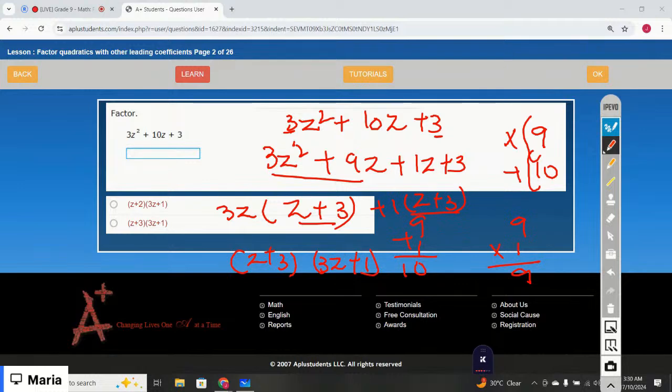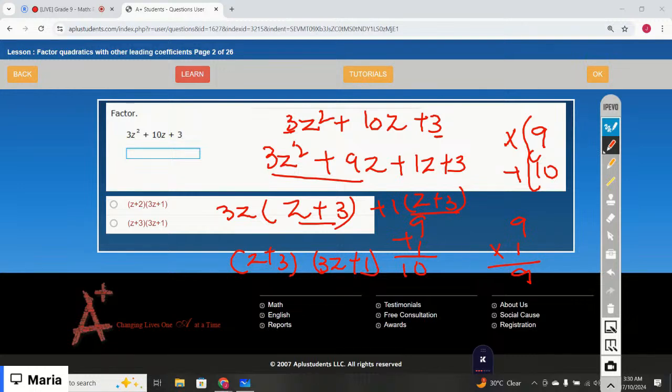So the correct option is option number 1. If you have any questions, you can please ask. I am here to answer all your questions and confusions if you have any. The correct option is z plus 3 times 3z plus 1.